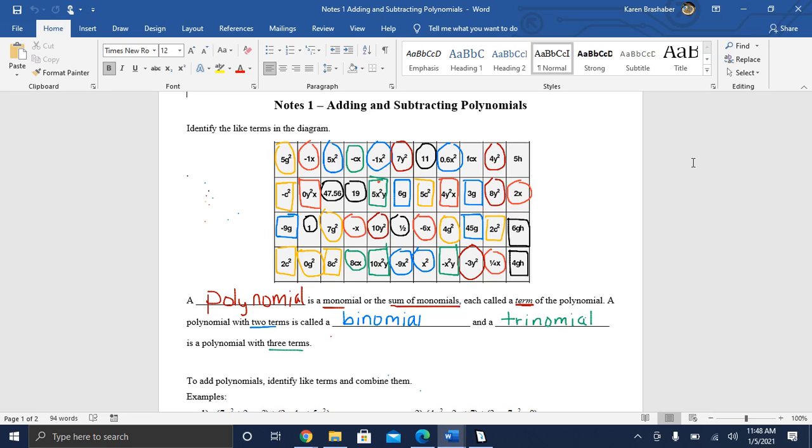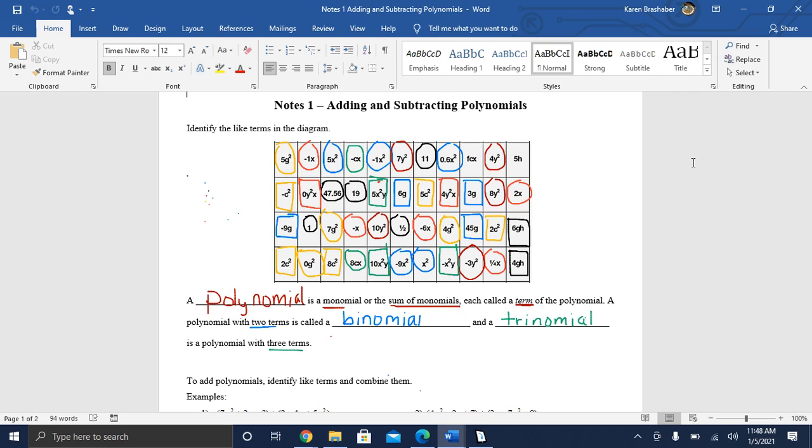All right, so when we add polynomials, we will identify the like terms, much like we did in the chart that started our lesson, and we will combine the numbers and keep the variables and keep the exponents.